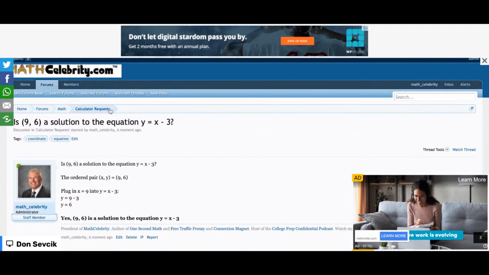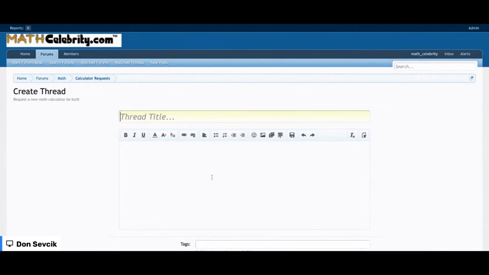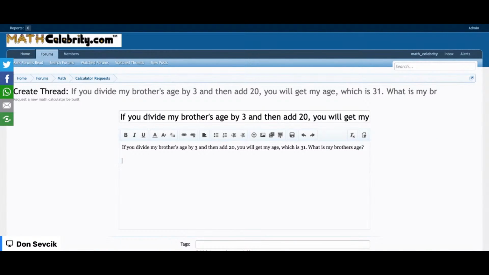Here's another age word problem. If you divide my brother's age by 3 and then add 20, you will get my age, which is 31. What is my brother's age? So let B be the brother's age.